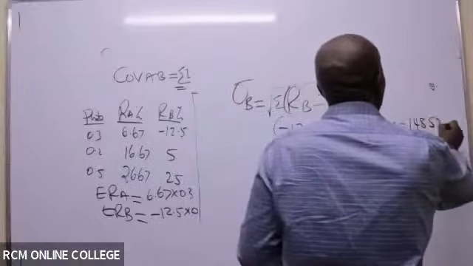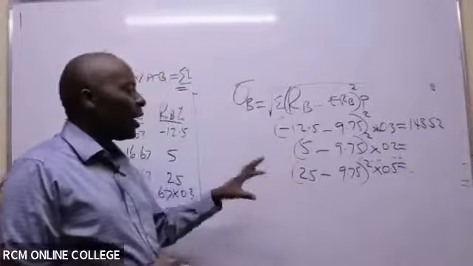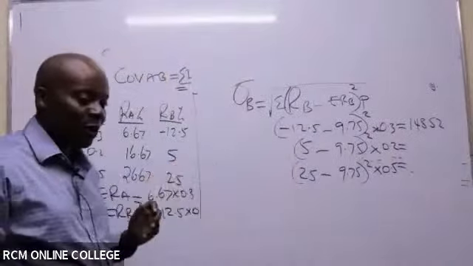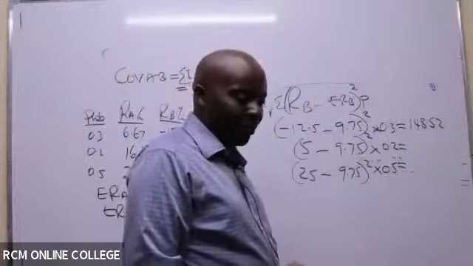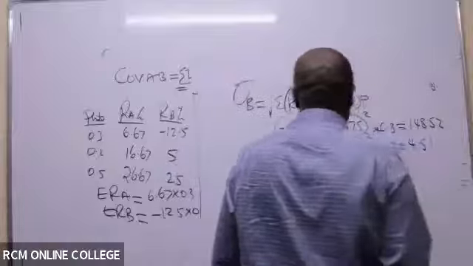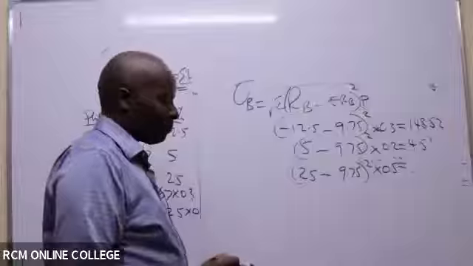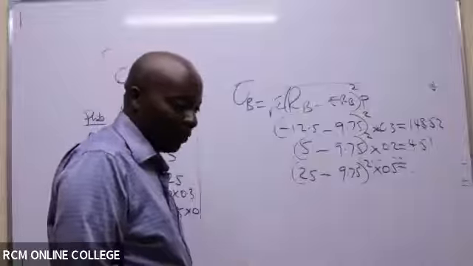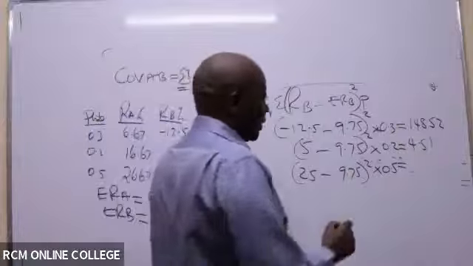Then you go for the second one: 5 minus 9.75, you square, times 0.2. You give me an answer, 4.51. And lastly, open brackets, 25 minus 9.75, you close square, times 0.5. So what are we getting here? 116.28.